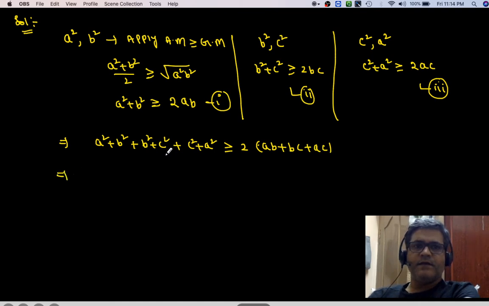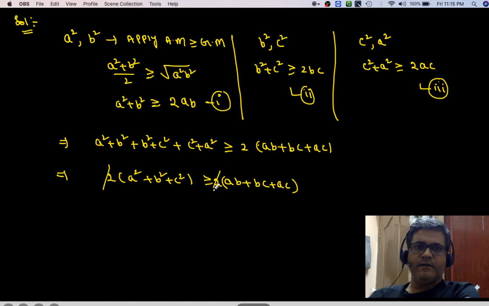This implies 2 times a square plus b square plus c square is greater than or equal to 2 times ab plus bc plus ac. These two cancel. Then what you get? A square plus b square plus c square is greater than or equal to ab plus bc plus ac.